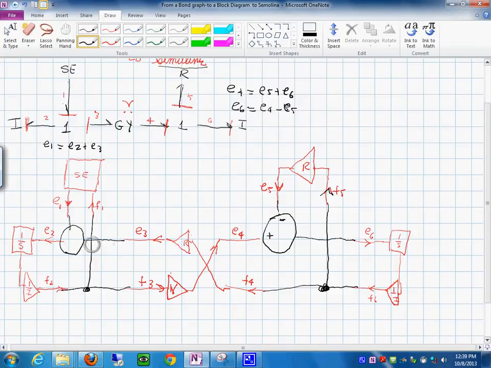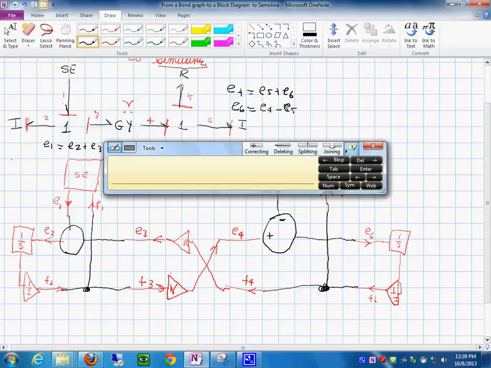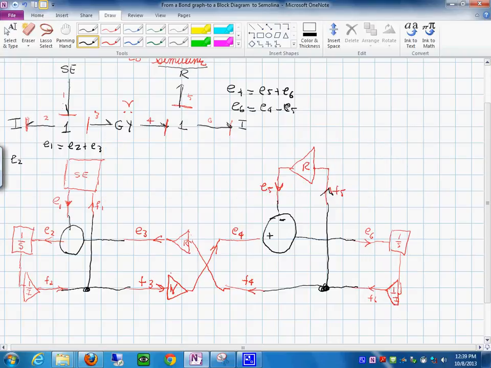But the way these arrows are in here, you have to concentrate on here. E2 is the one going away, and E1 and E sub 3 are this way. So if you write the equation in terms of E sub 2, E sub 2 is equal to E sub 1 minus E sub 3.